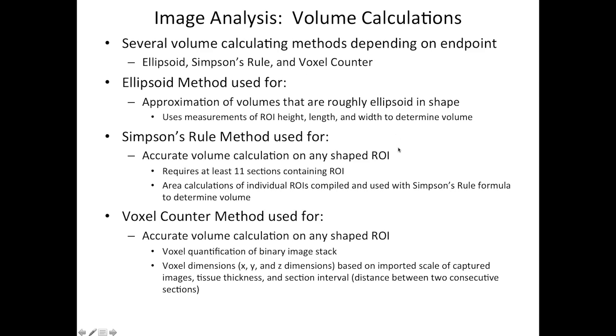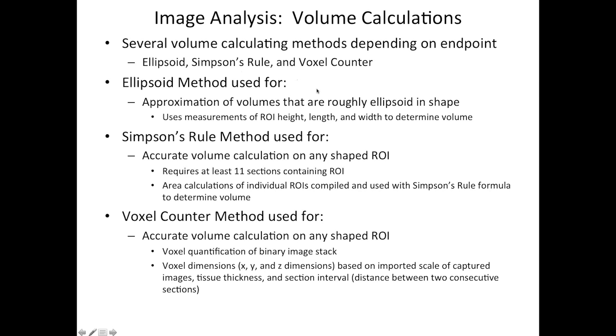So the ellipsoid method, and there's an image on the next slide that'll illustrate it a little bit better than maybe I can say here. But it's used to measure regions of interest that are roughly ellipsoid in shape. So irregular regions of interest are not going to be compatible with this method. But it's useful for, say, striatum or some ischemic lesions.